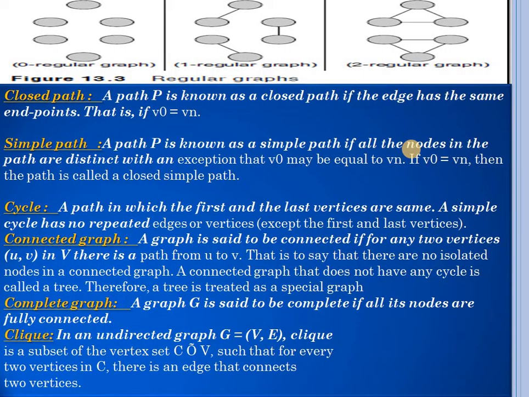Now here we have a regular graph example. These are the isolated nodes, meaning nodes not having any edge to connect to other nodes. For these isolated nodes we say it is a 0 regular graph, because the k value is 0, no degree.